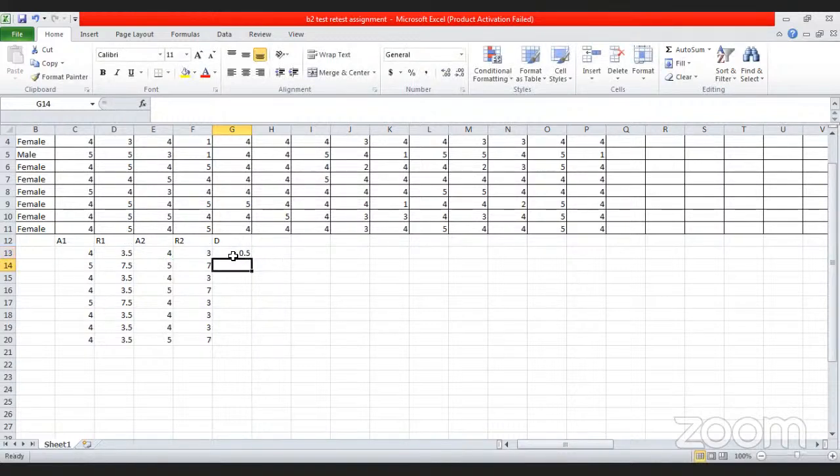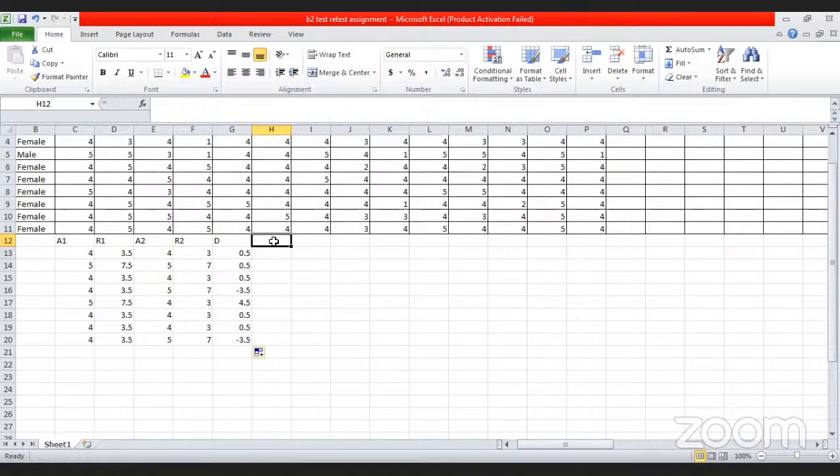So I got the difference between rank 1 and rank 2. Likewise, I will drag it down, so I will get all of those differences. Clear up to that?